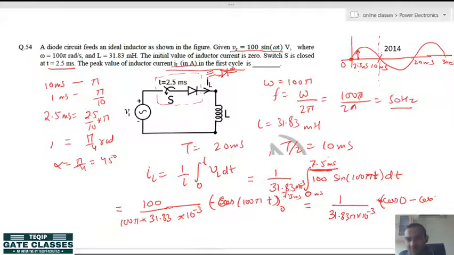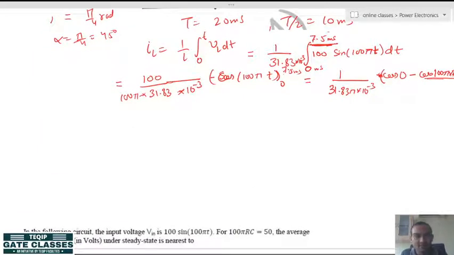You have to be very careful that in this case you have to calculate this cos value in radians, not in degrees. If you calculate it in radians, you will get 1 upon 31.83 pi into 10 power minus 3, cos 0 is 1, and cos of 100 pi into 7.5 into 10 power minus 3 comes around minus 0.707.